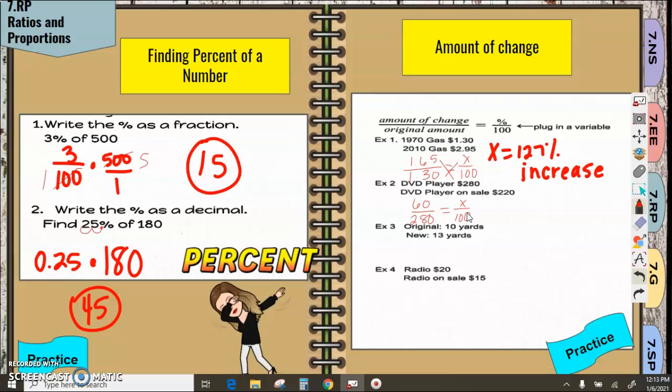So now I'm going to cross multiply and divide. 280 times x is 280x. 60 times 100 is 6,000.